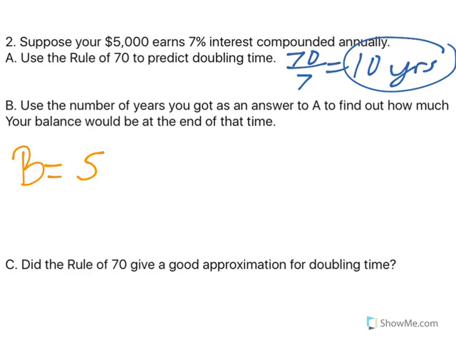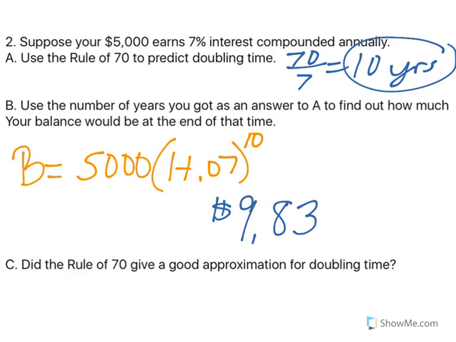So balance is the principal times 1 plus the rate raised to the number of years. Since this is compounded annually, I don't have to divide or multiply by 1. And it gives me an answer, if I plug that in carefully, of $9,835.76.